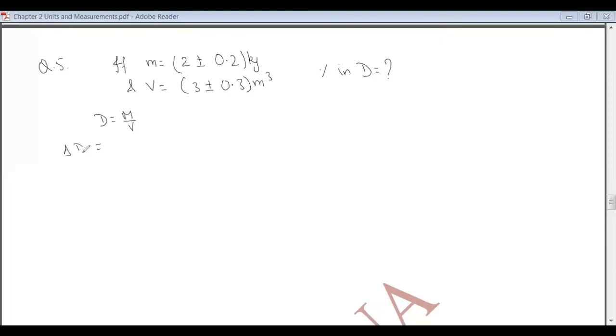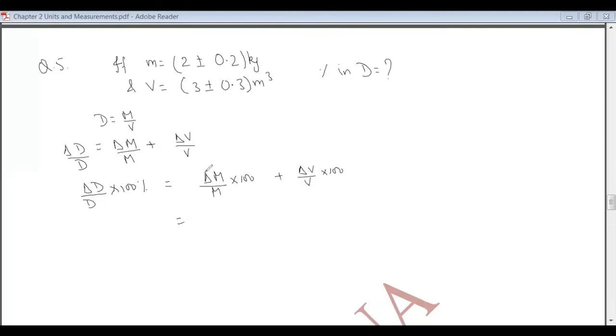So the relative error in density, delta D upon D, will be equal to delta M upon M plus delta V upon V. Multiplying both sides by 100, we will get the percentage error in density. So it is delta M upon M into 100 plus delta V upon V into 100.